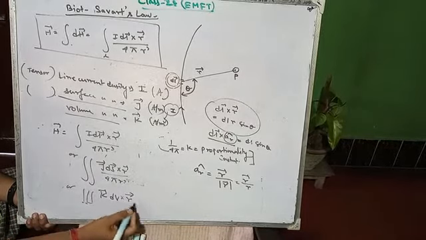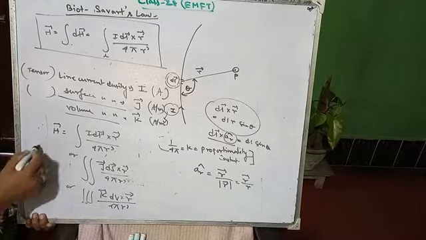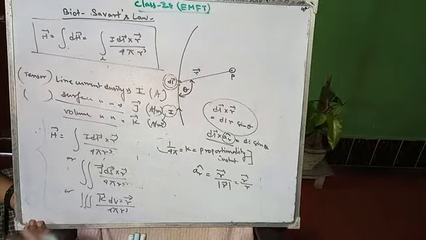So J cross R over 4 pi R cube. These are all the formulas for the H vector.